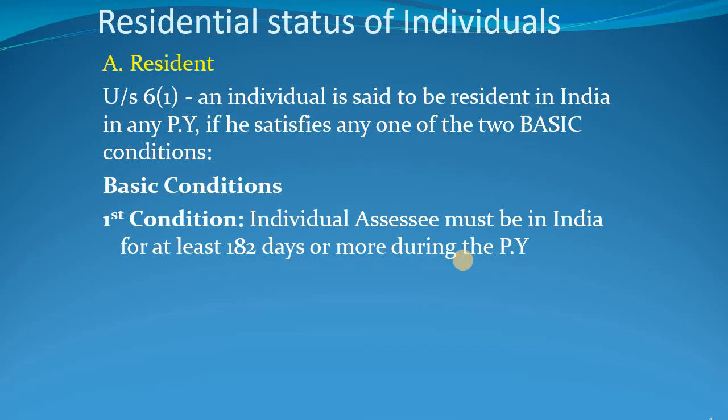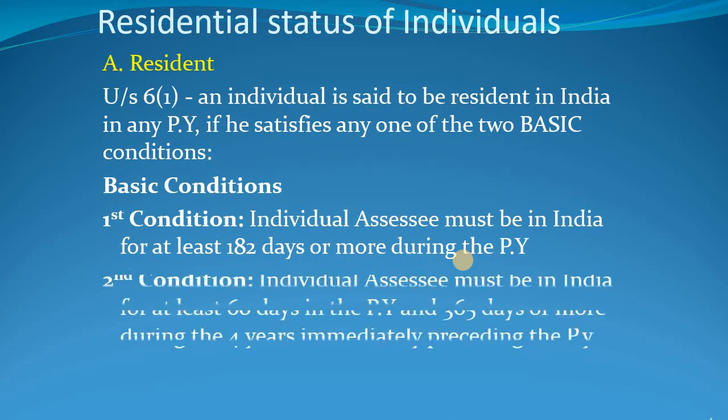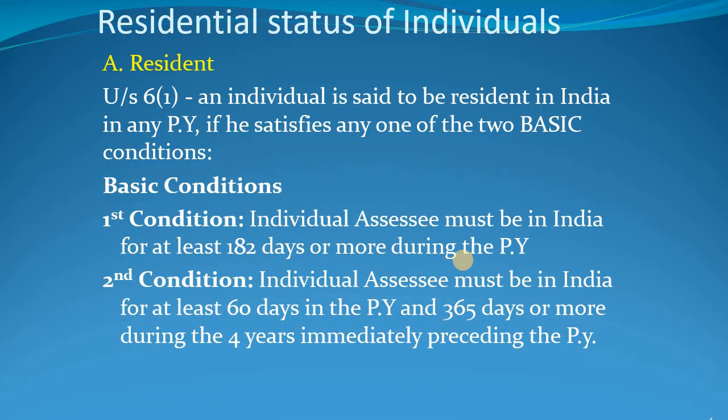There is another condition also. If an individual is not able to satisfy the first condition, then he can satisfy the second condition. The second condition says the individual assessee must be in India for at least 60 days in the previous year. That means in the previous year he should be there 60 days, not 182 days.